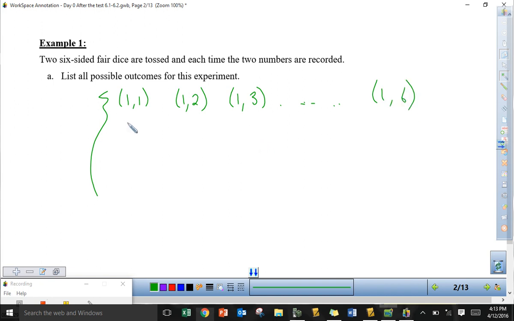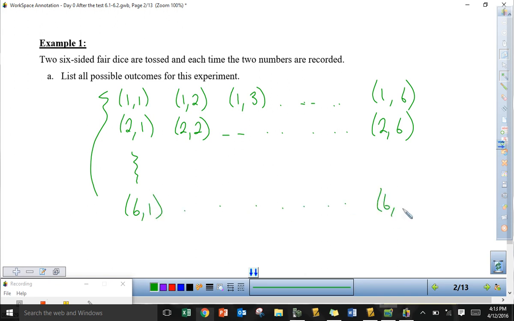Okay, but we want to do that for each number, so let's suppose we have a 2 with a 1, a 2 with a 2, again all the way to 2 with a 6, and we're going to continue that process down for each row all the way till we get to the highest number of a dice, which is 6, 1, all the way down to 6, 6.